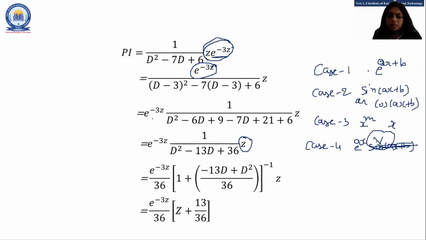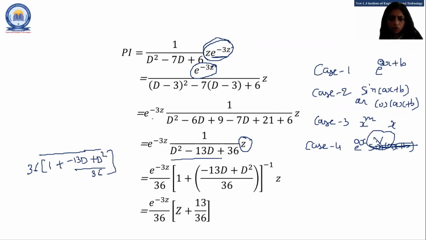That's why I am taking 36 as a common factor, and then my denominator is 36 into (1 plus (minus 13D plus D square) upon 36), right? Here this denominator will convert into the 1 plus 5D form. Now I put this 1 plus 5D in the numerator, that's why (1 plus (minus 13D plus D square) upon 36), this power 1 will convert into minus 1. Okay, now got it?